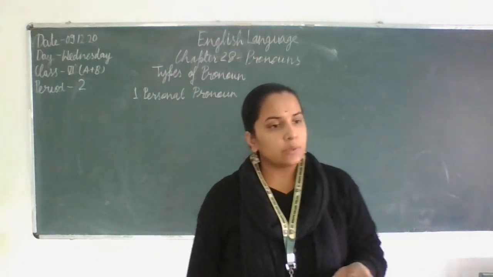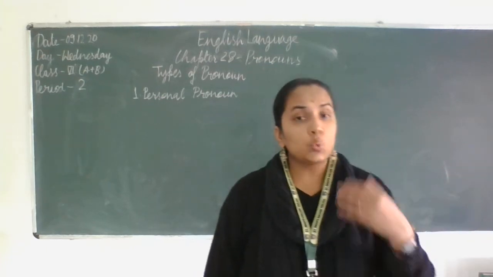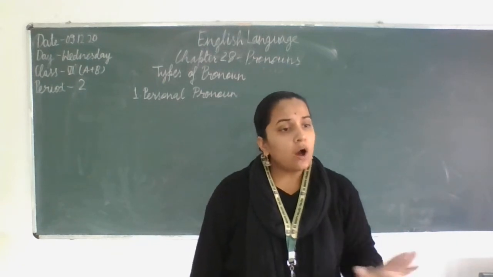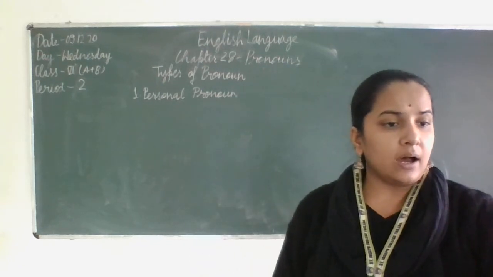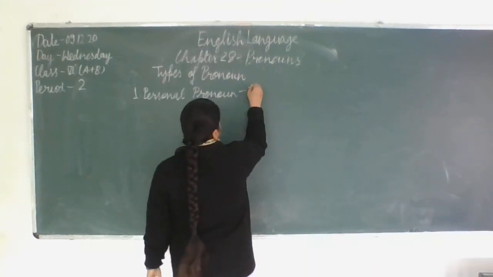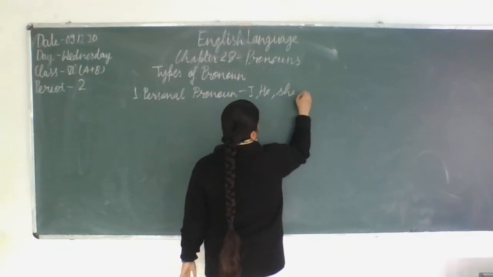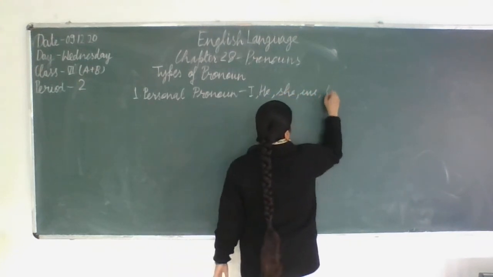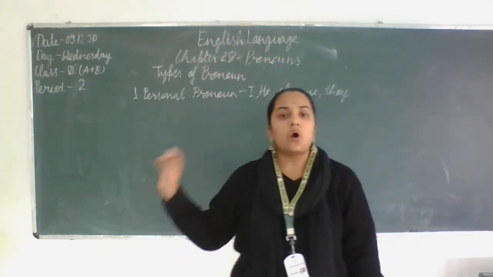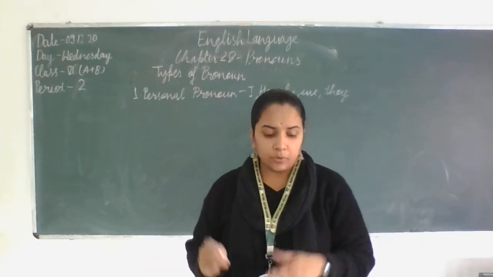Now, what is the personal pronoun? The words like I, you, we, he, she, they, all these are called personal pronouns. I, he, she, we, they. All these pronouns are known as the personal pronouns.